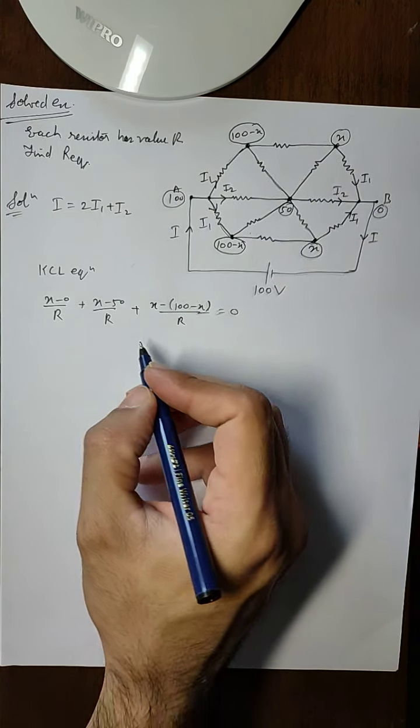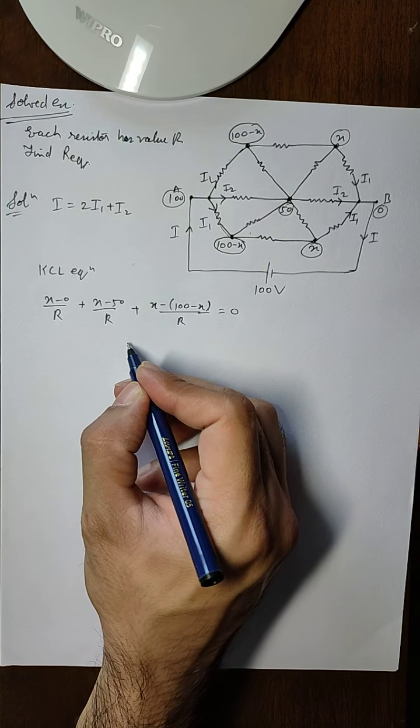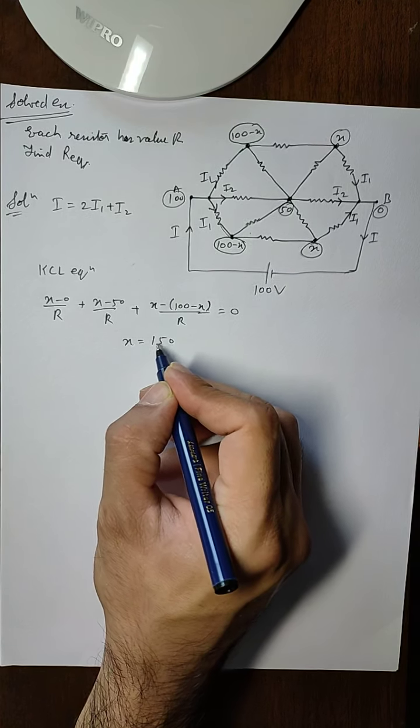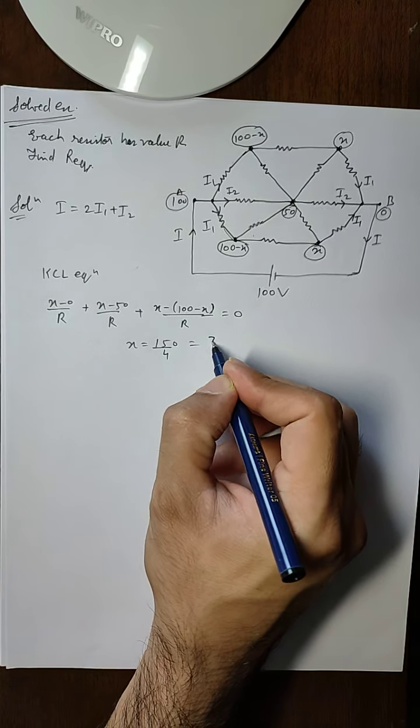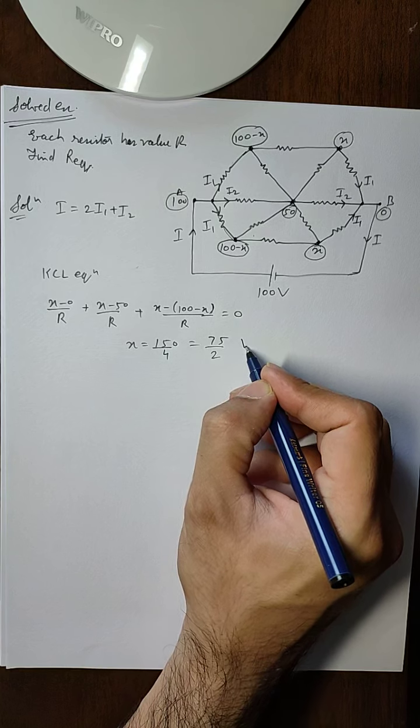Now if we solve this, we will get X equal to 150 upon 4, so that will be equal to 75 by 2 volts.